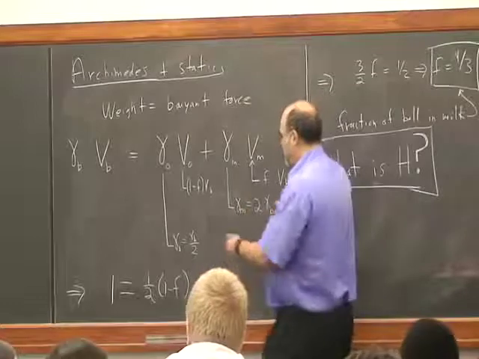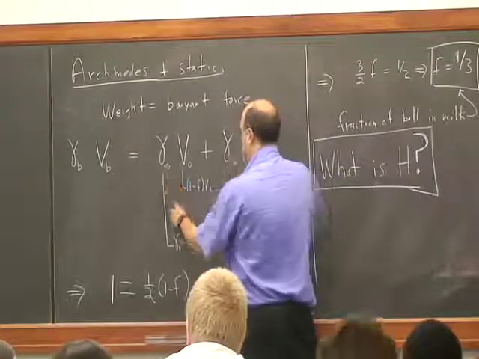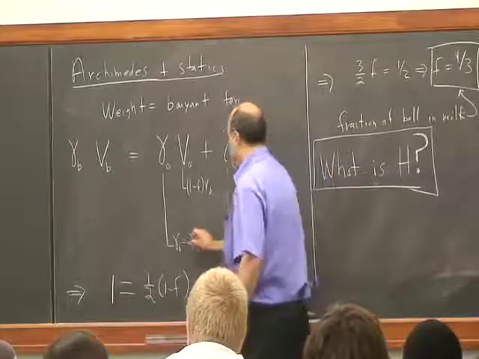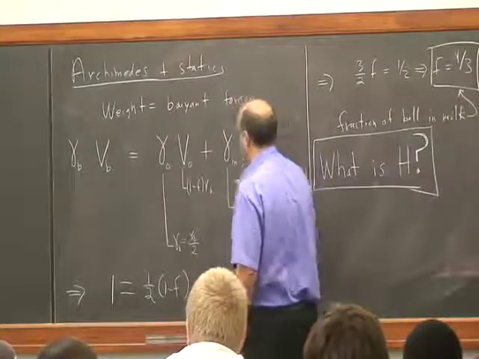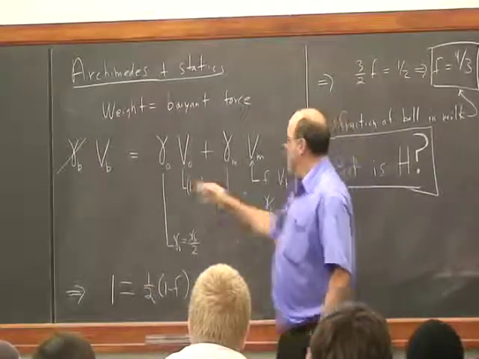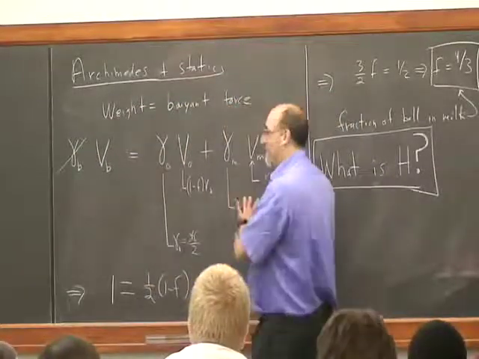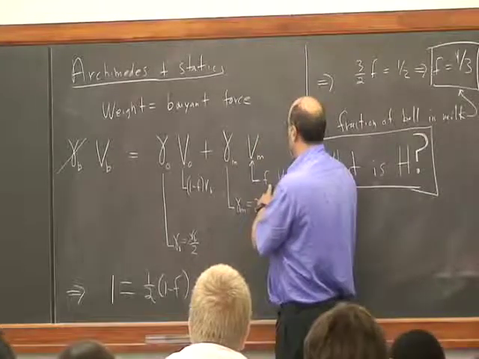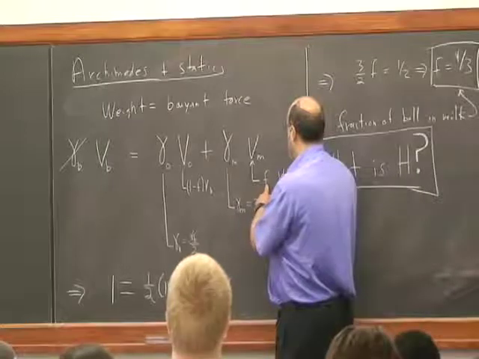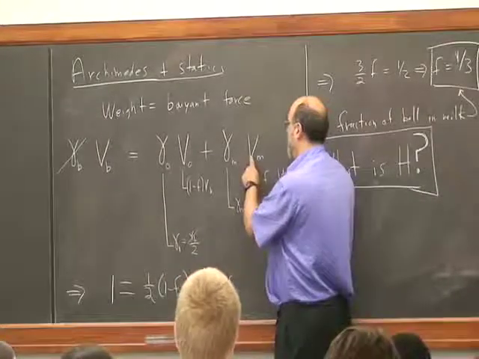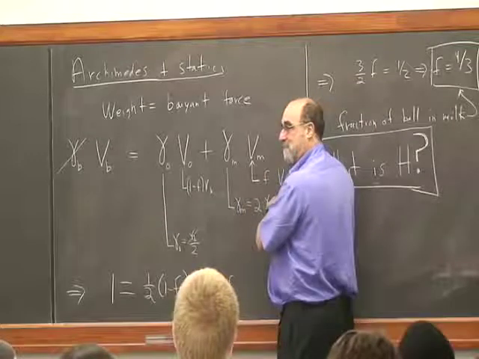So by doing that, we get rid of these two densities, and we've got things only in terms of the density of the ball, which crosses off of this whole equation because there's the density of the ball all the way through the equation. Now we've got the volume of the ball, and some part of it is submerged in milk, and some part is in oil. Say the fraction of the volume of the ball that's in milk is F. Therefore, the volume in milk is F times the volume of the ball.